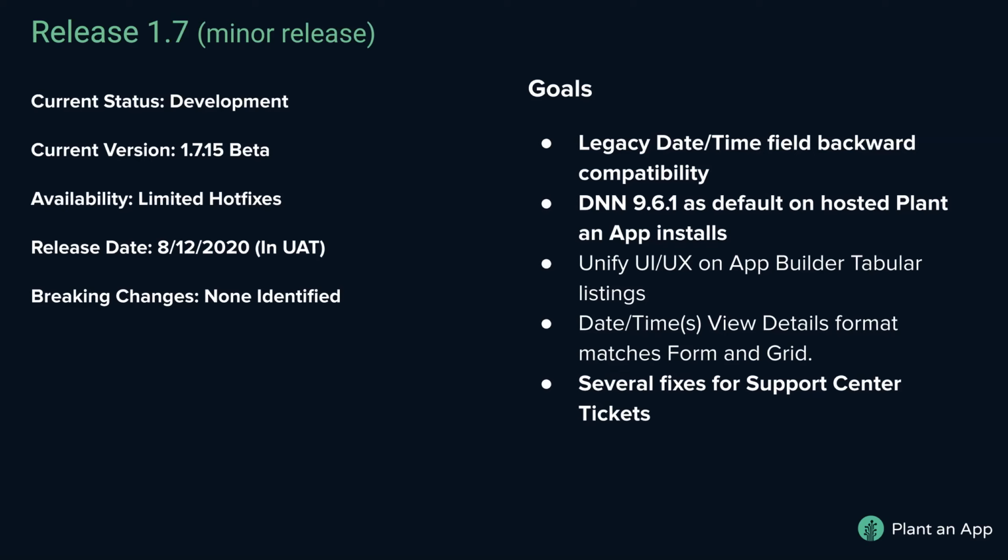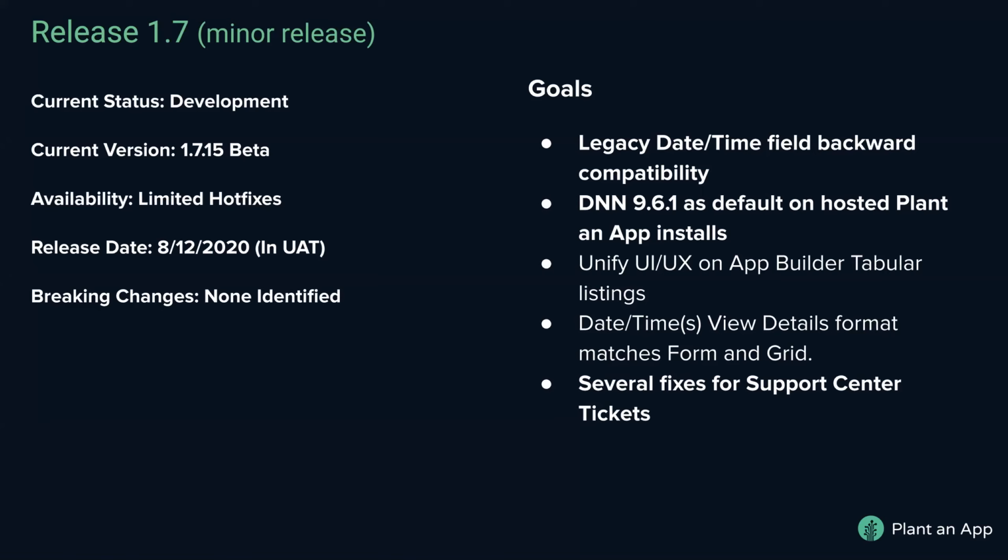So if someone was really waiting on something or willing to be a little more bleeding edge and give us feedback and try it out on their end, we appreciate that. But in the meantime, we're continuing our testing and making sure that everything's good to go and that you're going to reap the benefits of the release and not have that offset with other issues. So 1.7 will probably drop next week.